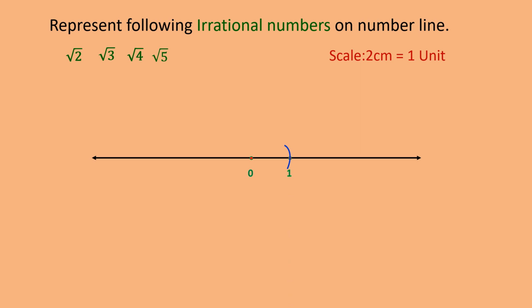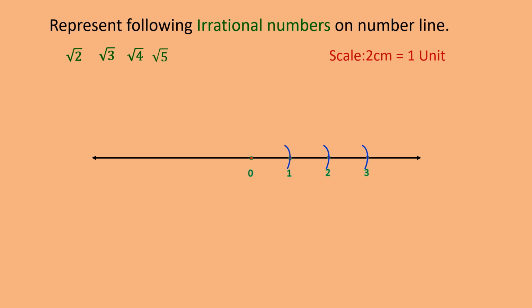So the first arc will become 1. From 1, when we cut the same radius, we get 2 on the right side, and again 3. So on the right side we have got 1, 2, 3. We can keep going on the right side as far as space is available, but since we are doing only a few numbers, we will limit ourselves to 3.